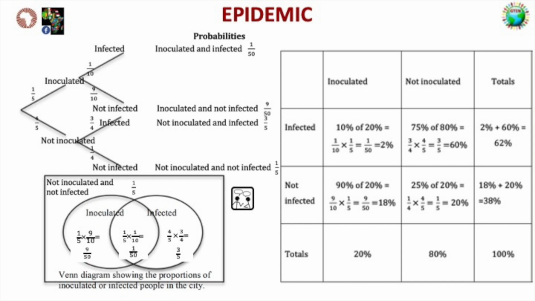And finally, you'll see that your 9/50 and 1/50 add up to 10/50, which is 1/5, and 3/5 make 4/5, and the 1/5 outside both of those regions adds up. Everything adds up to 100% or 1. And this is a really important discipline, to always check that you add up to 1 or 100%.